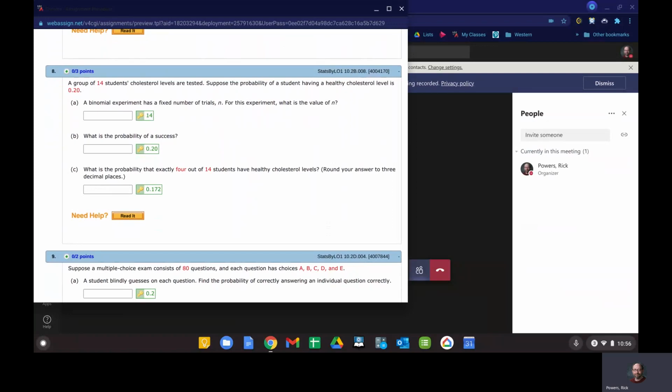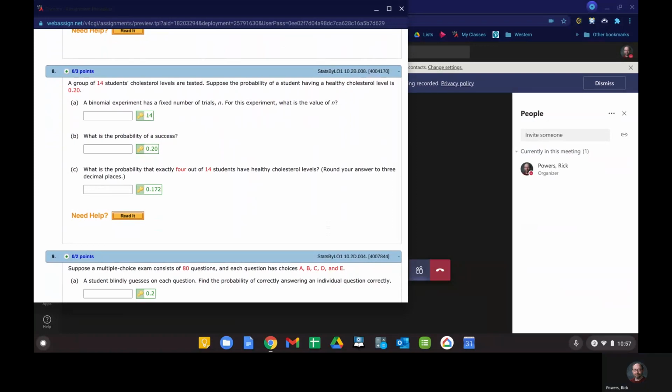For each individual student, we consider that there's a 20% chance that they have a healthy cholesterol level. Oh, that's not very great, only 20% have healthy cholesterol levels, but we're pretending here. We don't know what that number actually is in real life, but we're just saying, let's suppose that that's the case.